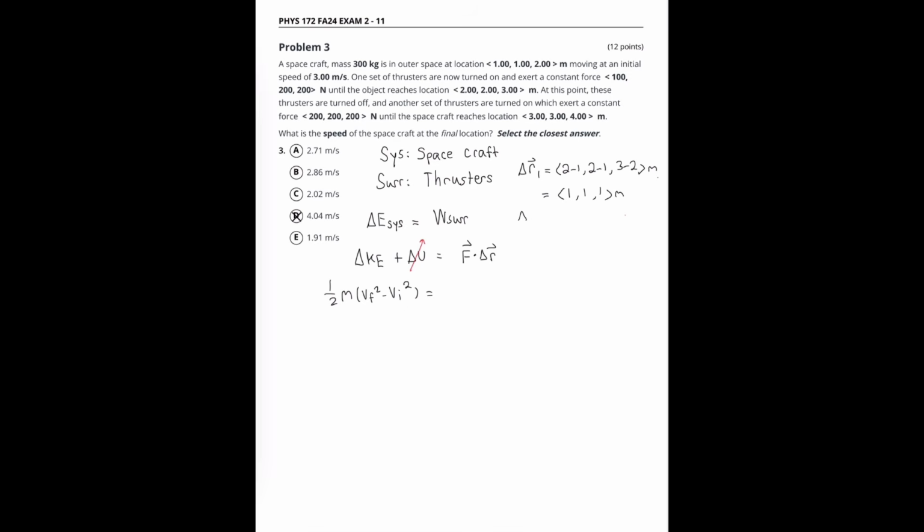We can say the change of R2 is equal to 3 minus 2, 3 minus 2, and 4 minus 3 meters, which is equal to (1, 1, 1) meters again. And R1 will represent the first thruster, and R2 will represent the other thruster.